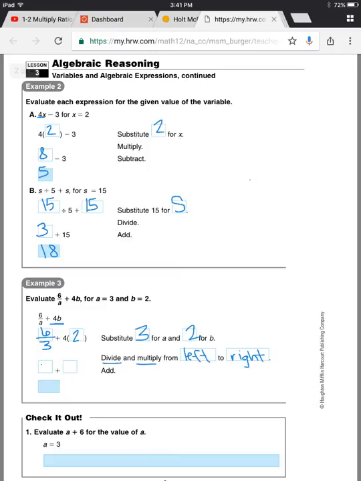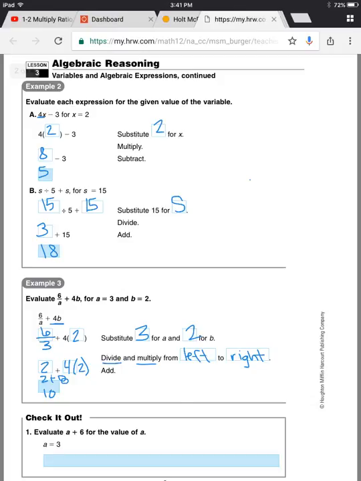So 6 divided by 3 is 2, plus 4 times 2, and then I'm going to multiply and get 2 plus 8, and then I'm going to add and get 10. I added a little step in there because they did everything in one step, and well, I don't want you to do everything in one step. I want you to divide in a step, and then multiply in a step, and then add in a step, because it's less likely to make mistakes.